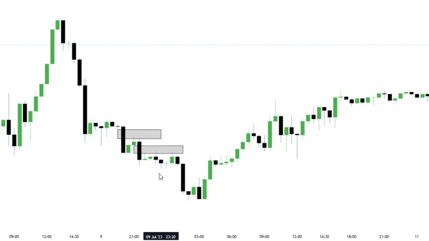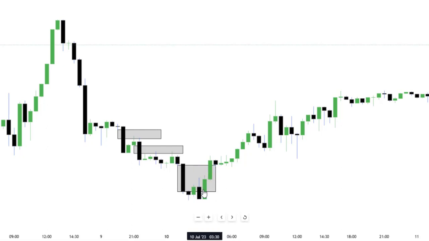So until this is violated, we are still going to be looking at another price move to the downside, and that is what we get on these two candles, this massive displacement to the downside, and as you can see, we still have a fair value gap present.